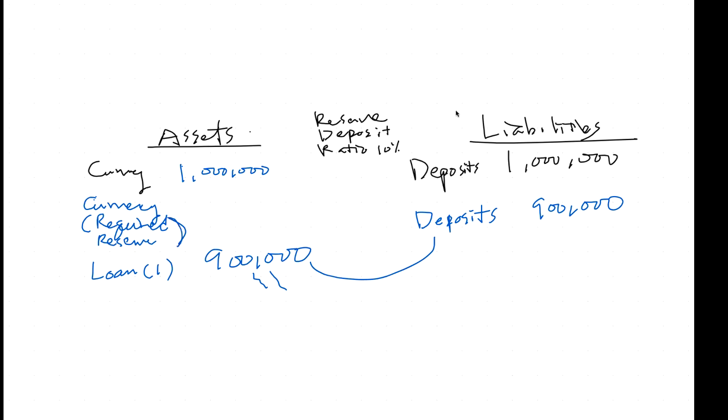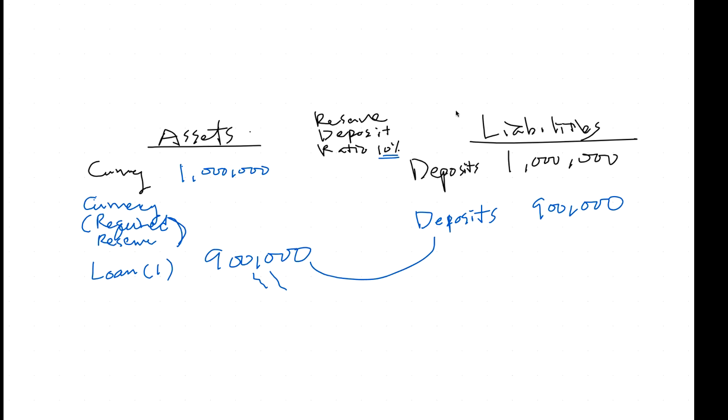100,000? No, Raul, you're wrong. You have to set aside 10% of what? 10% of 1 million? No, of the total deposit, Raul. So the total is 1,900,000 multiplied by 10%.